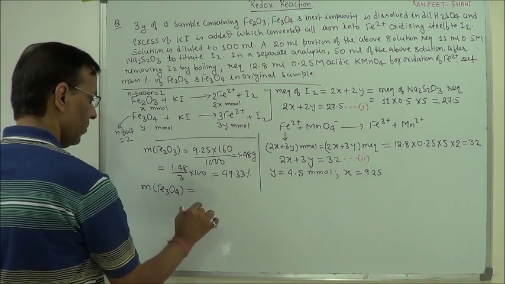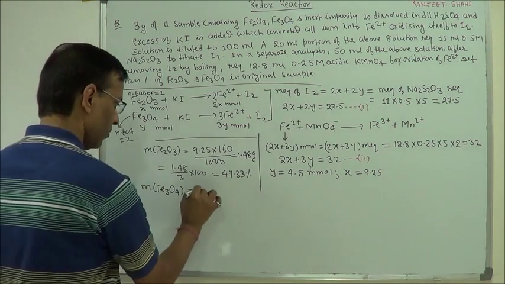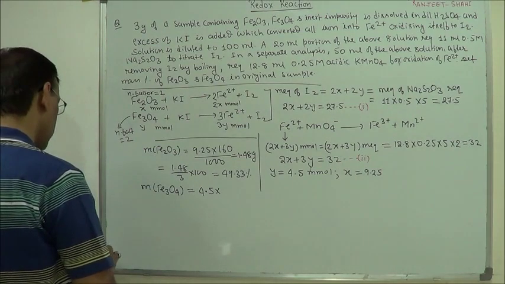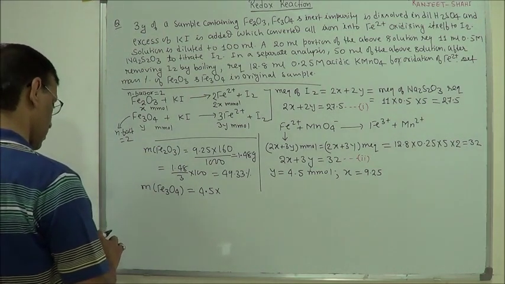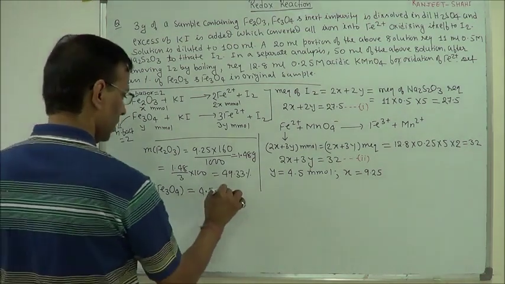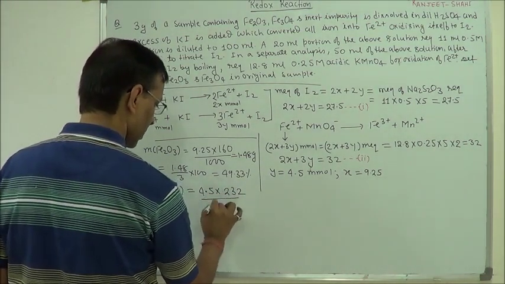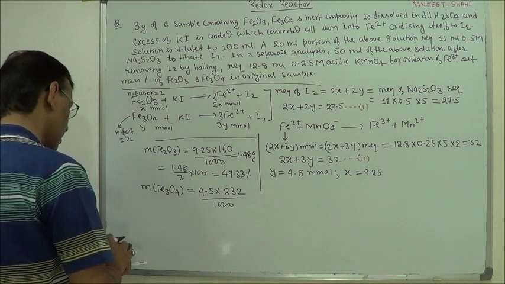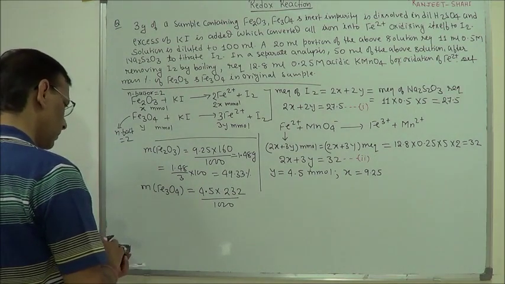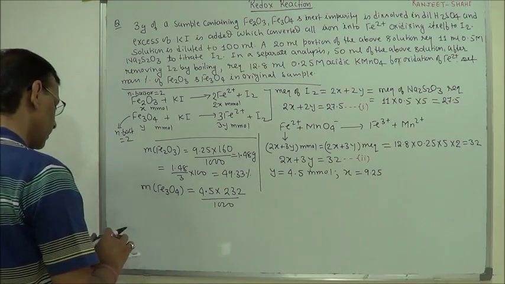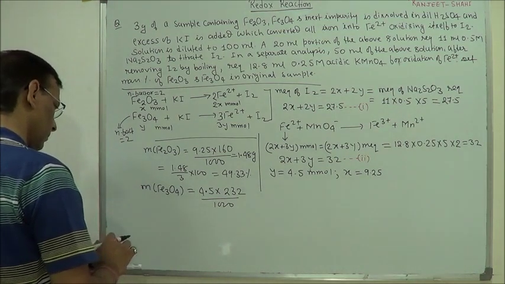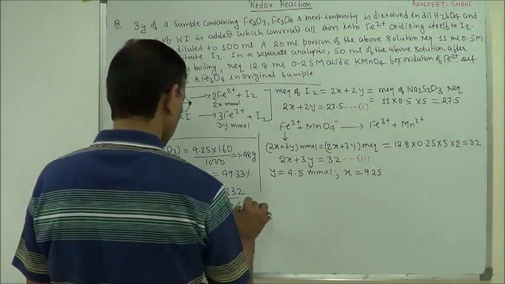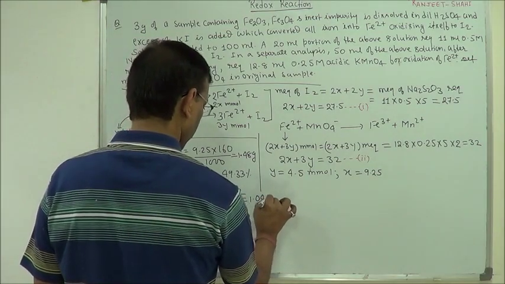Similarly, the mass of Fe3O4 will be its millimole y, which is 4.5, into the molar mass 232, upon 1000. It is 1.044 gram.